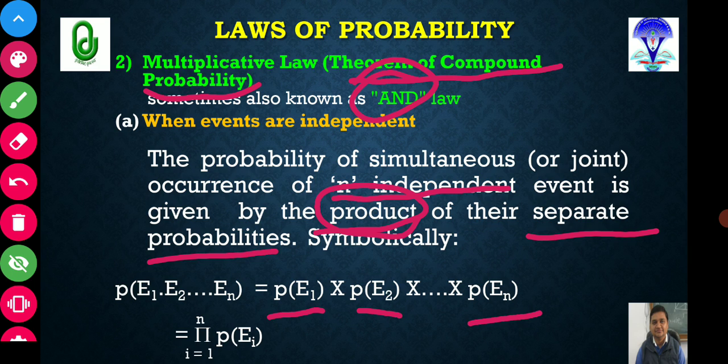So in a nutshell, this is the product of probability of Ei, where i is equal to 1 up to n. This is the formula for the multiplicative law when the events are independent.